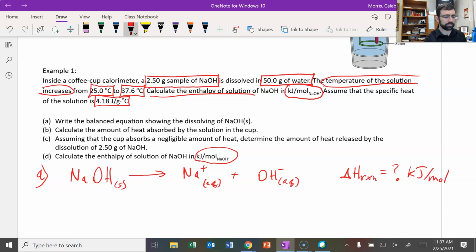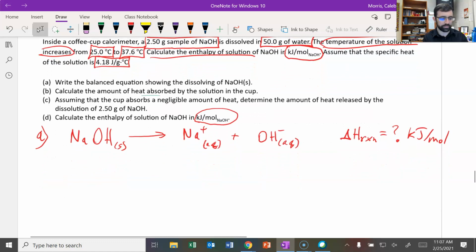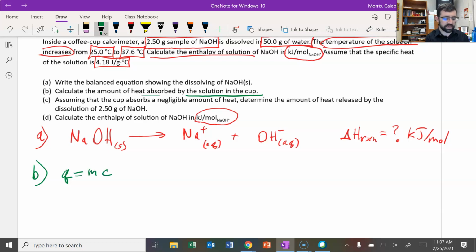Okay, part B says calculate the amount of heat absorbed by the solution in the cup. So part B, we're looking for heat, Q, absorbed by the solution in the cup. So we need to think about what is the solution in the cup, because we need to know the mass, we need to know the specific heat, and we need to know the delta T. We said that we can assume that the specific heat of the solution is 4.18.